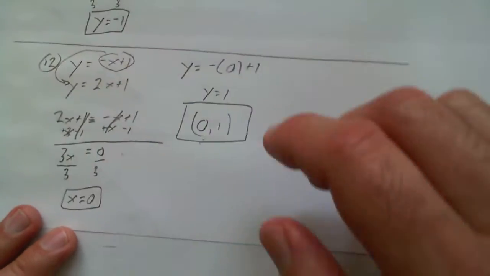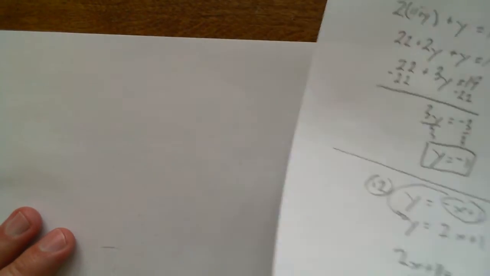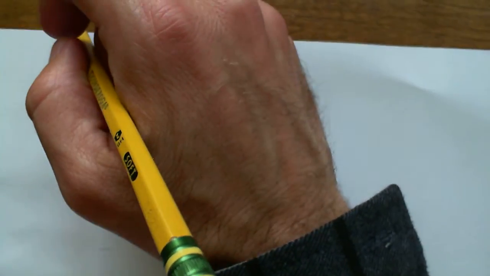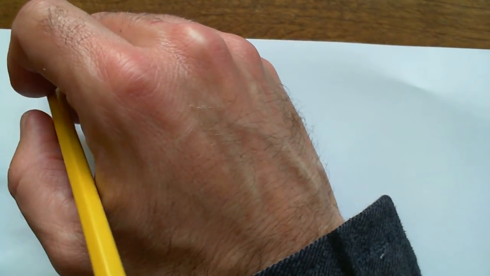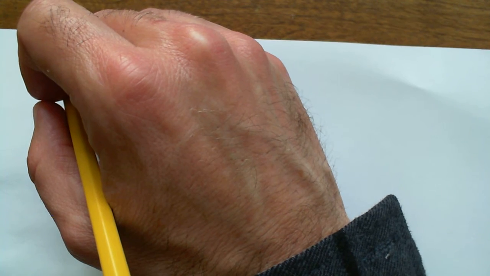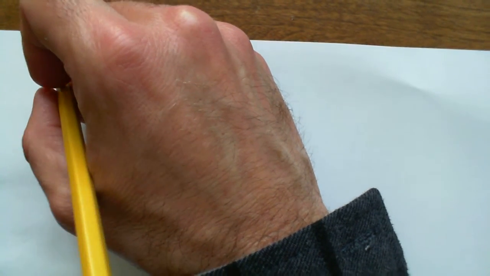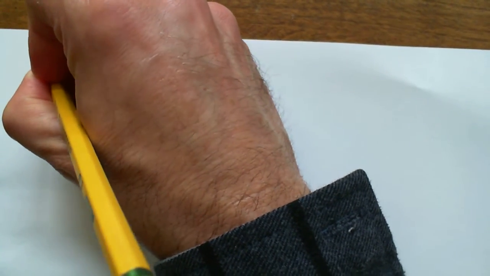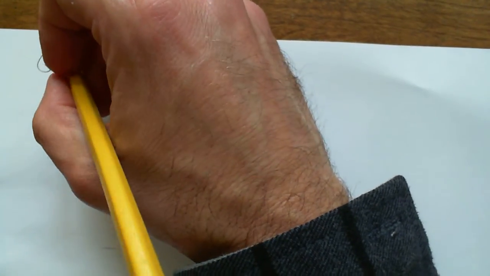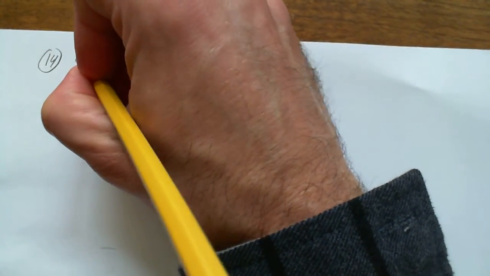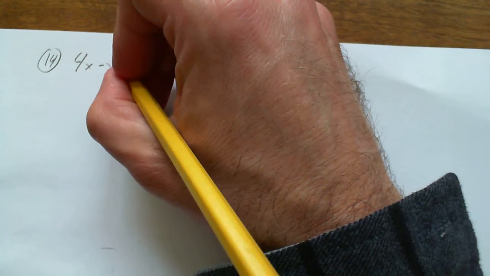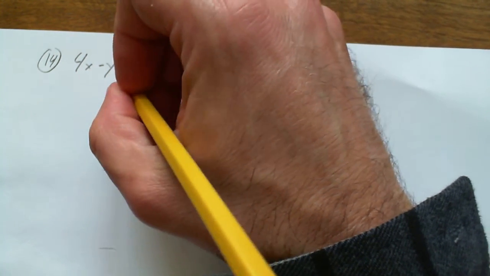And then one last one that I want you to try, and then the lesson will be done. That was substitution. Let's try an elimination method here, number 14. So let's say 4x minus y equals 7.